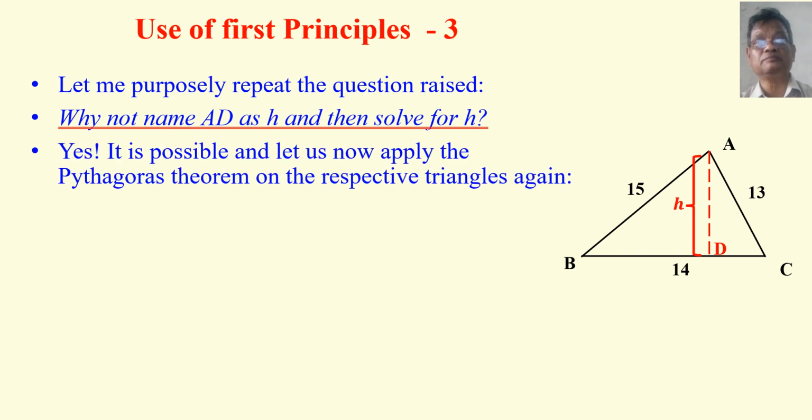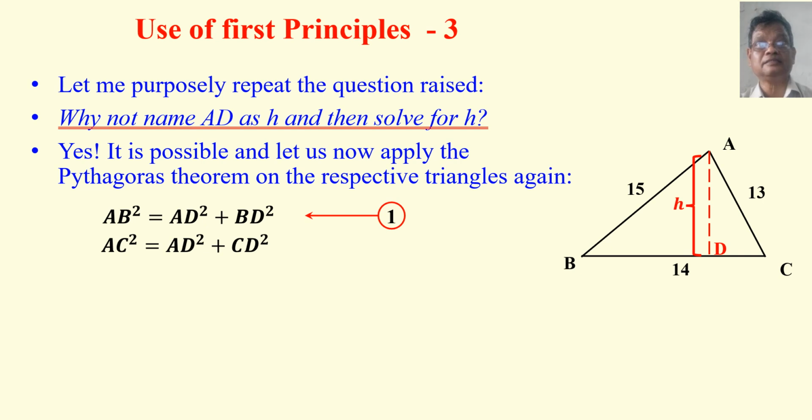Yes, it is possible, and let us now apply the Pythagoras theorem on the respective triangles again. AB squared is equal to AD squared plus BD squared, labeled as equation 1. AC squared is equal to AD squared plus CD squared, labeled as equation 2.